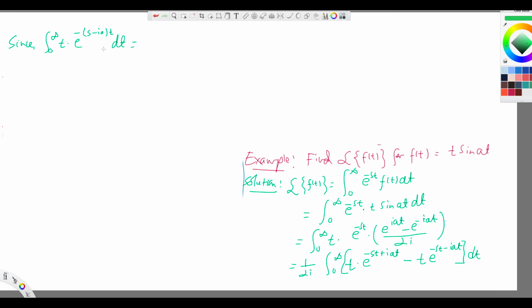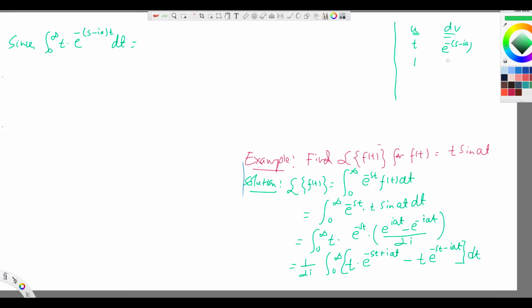When you use the integration by parts, you can do exactly the same technique. What we do is just take u and then dv, right? So you can take u as t, right? For the dv you take e to the negative (s minus ia)t. So if you find the derivative of u, it is 1.